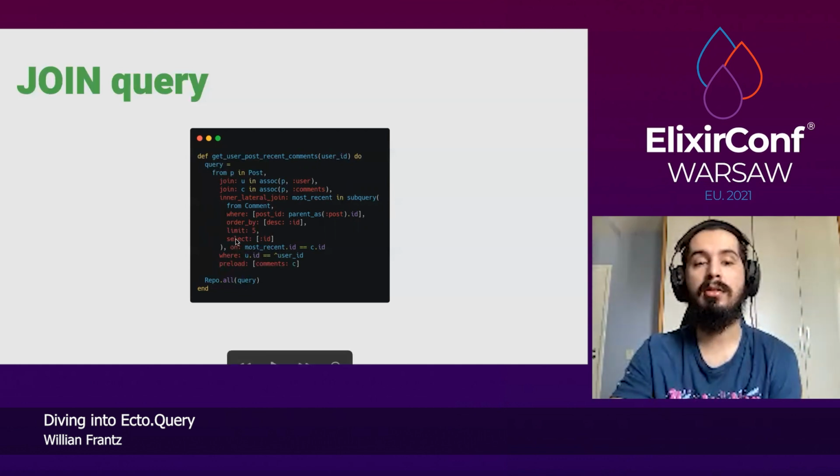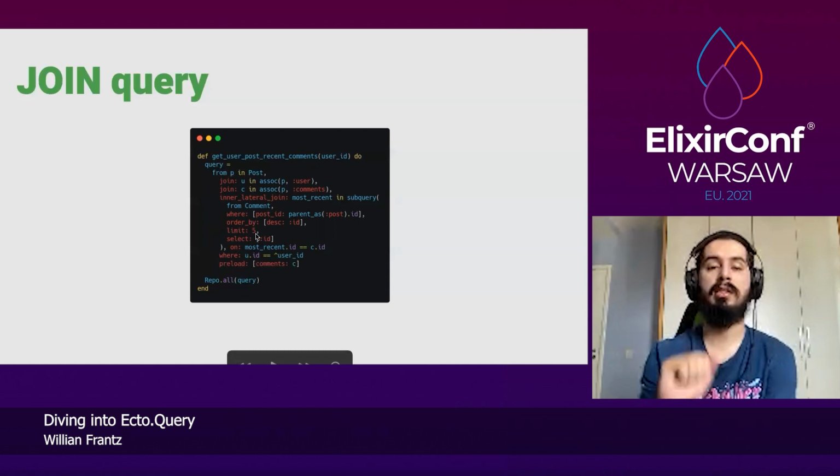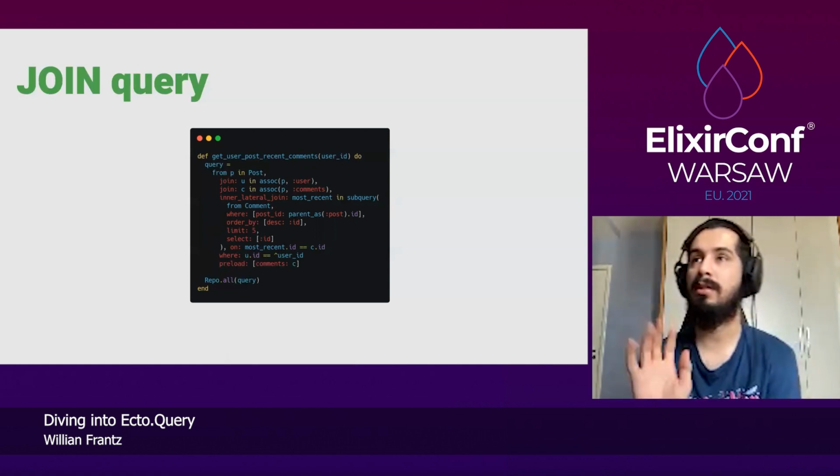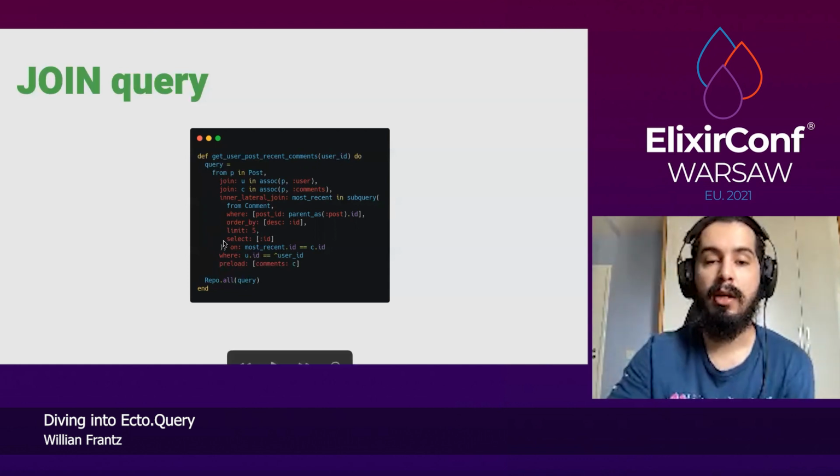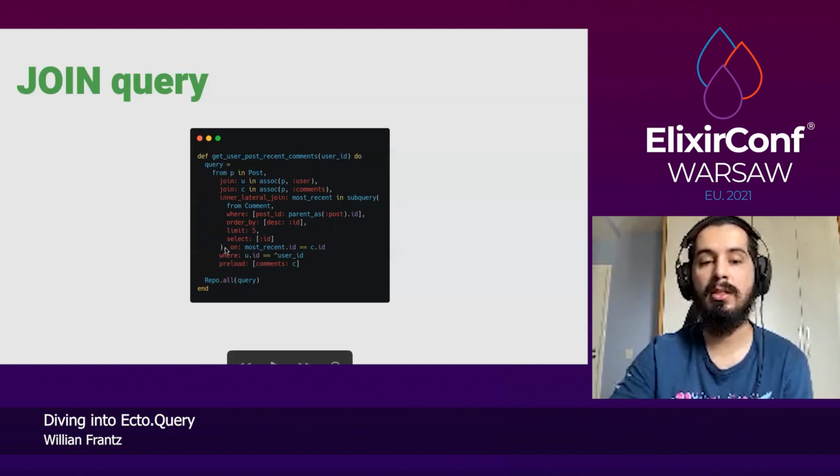And we want to limit to 5. So we're selecting only the 5 recent comments. And we're selecting only the IDs inside this lateral join because we're going to match them with the comments that we have joined previously. So the most recent ID should be equal to the comments ID.